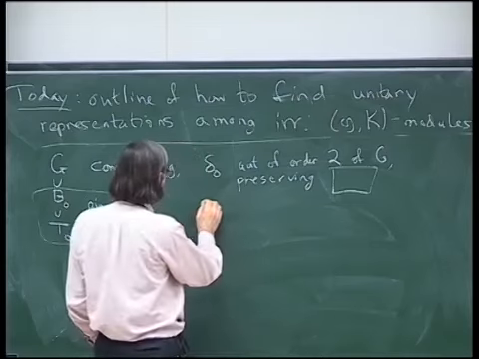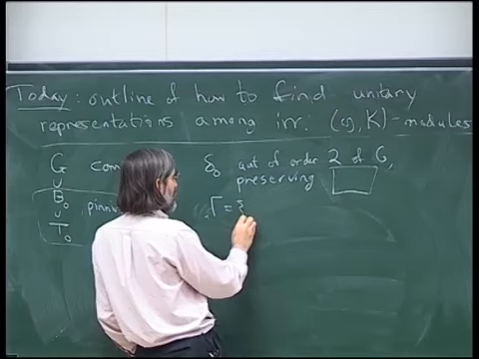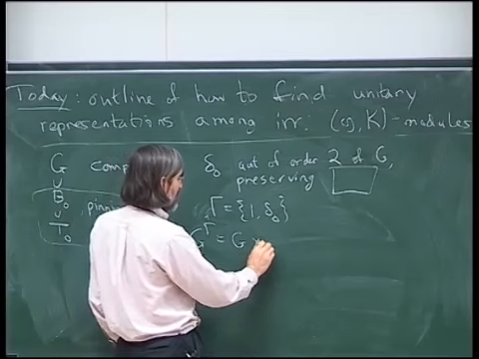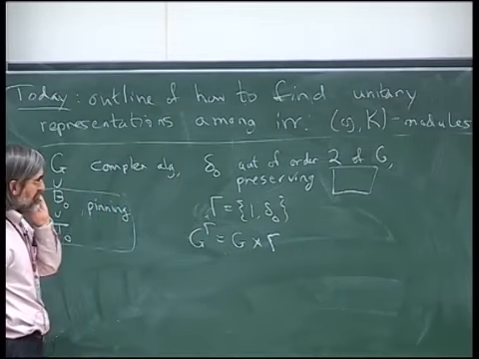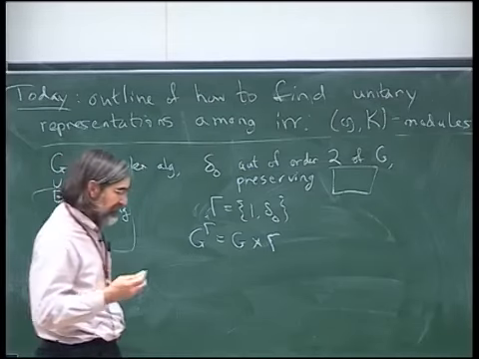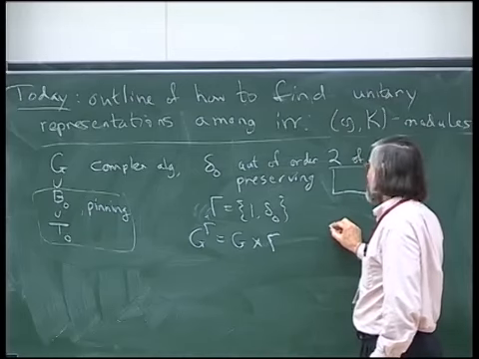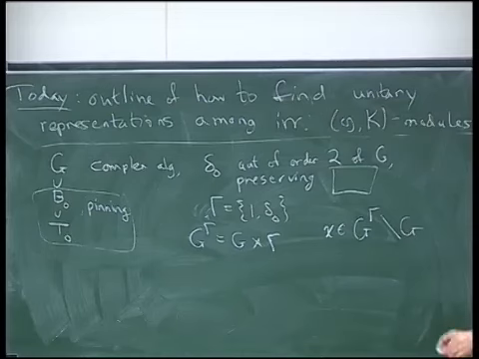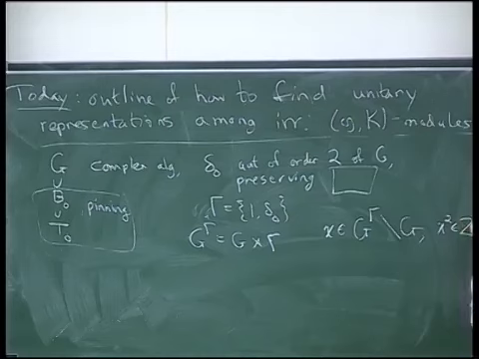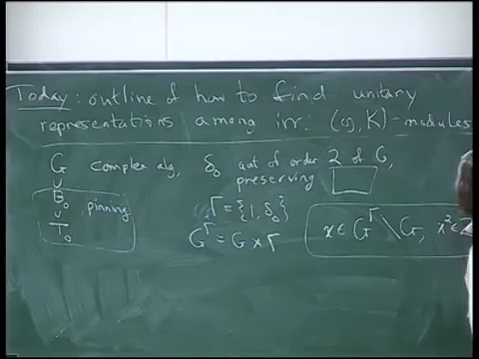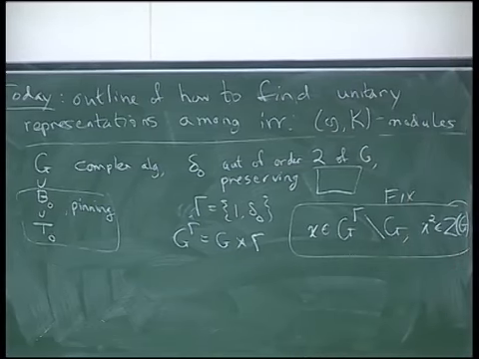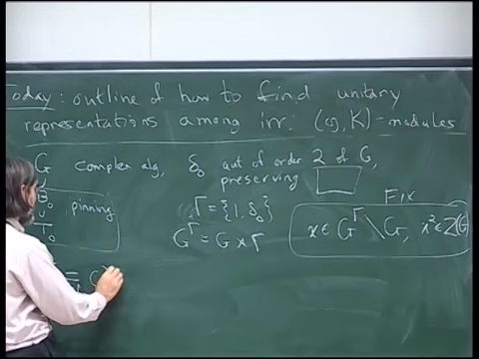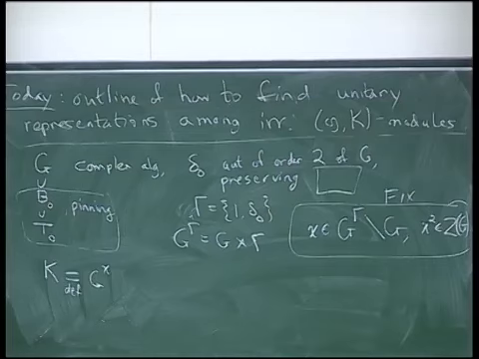And so I made this little group gamma, and G gamma was the semi-direct product of G and gamma, and I had an element X in the non-identity coset with the property that X squared is in the center, so that's what I want to fix, and then K was by definition the centralizer in G of X.